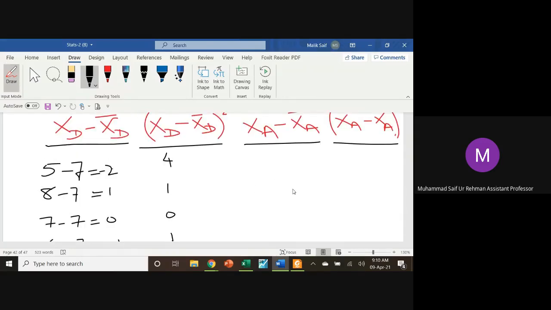Now come to the next series. Write down the values. 8 minus 10, minus 2, squared 4. 10 minus 10, 0, 0. Then 7 minus 10, minus 3, 9. 11 minus 10, 1, 1. 9 minus 10, minus 1, 1.